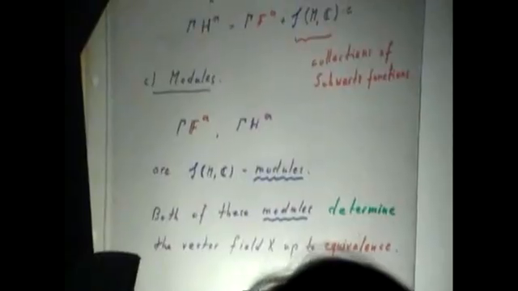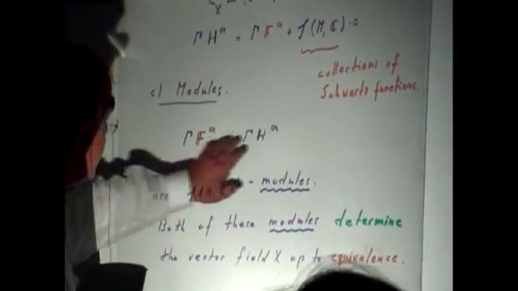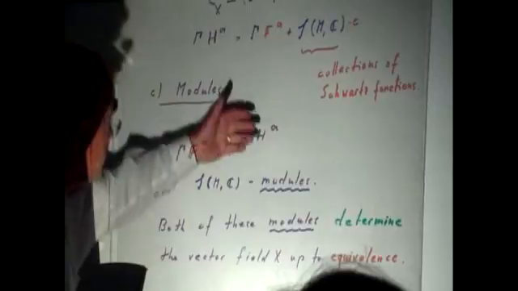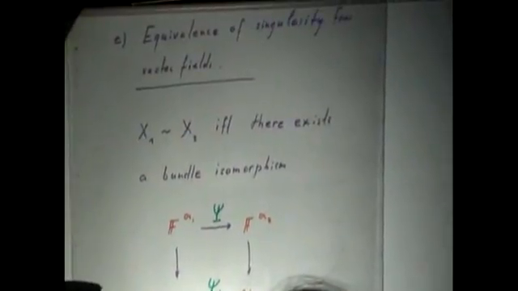The sections, the smooth sections, are in fact Schwarz sections. They are modules, and these modules determine the vector field up to equivalence. What do I mean by equivalence? Two vector fields are equivalent if the line bundles are isomorphic.